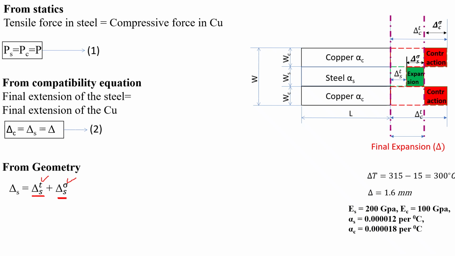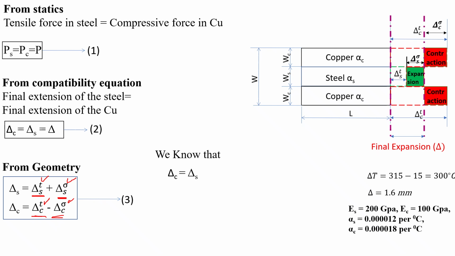Similarly, it can be written for delta C: the final expansion of the copper equals delta CT, the expansion of the copper due to the temperature rise, minus delta C sigma, which means the contraction due to the compressive stresses in the copper bar. Let's consider these as equation number 3.